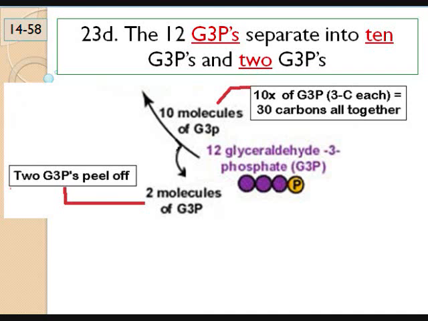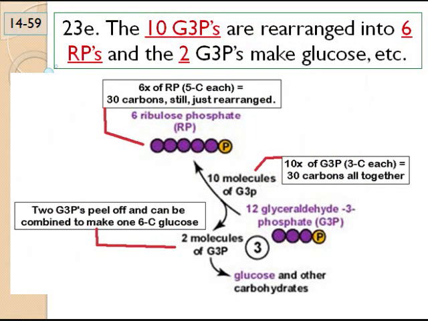So I'm taking these, right here, to just reshuffle. 6 times 5 equals what? 30. I've got 10 times 3. These 30 are reshuffled to give me 5 of these RP compounds. And it's going to come one more step and produce that product, RuBP, that entered the process.